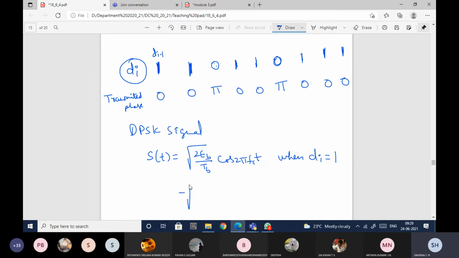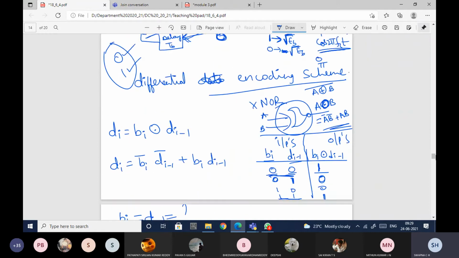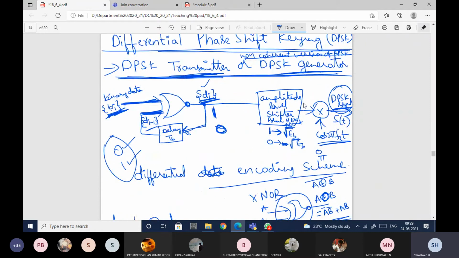Or it will be minus root 2 EB by TB cos 2 pi fct when di is equal to 0. So this is what is happening here.